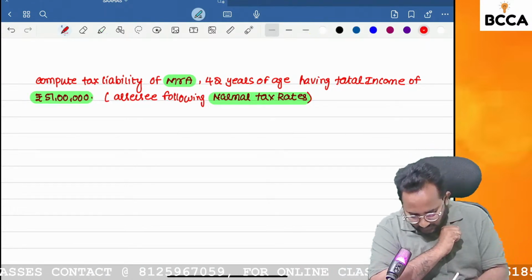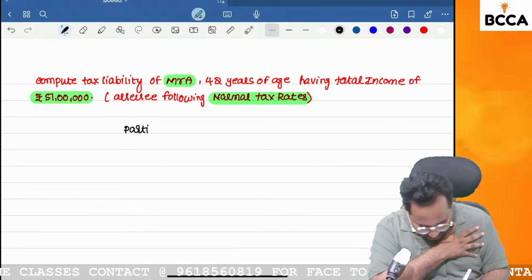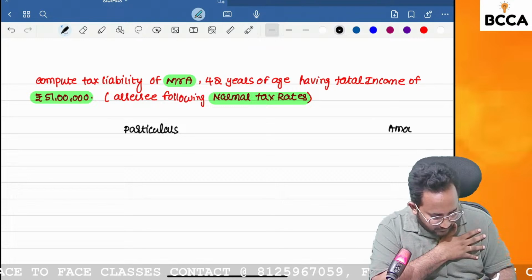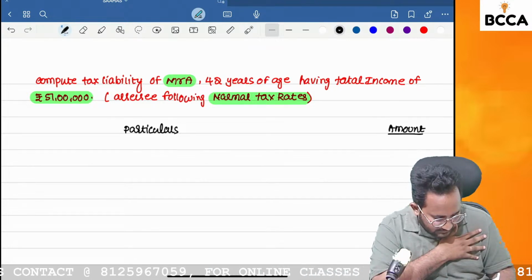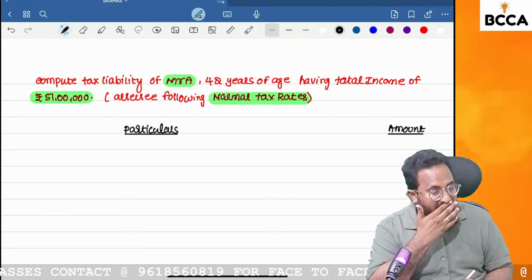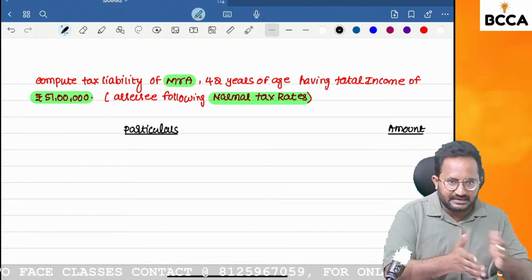So in this situation, you have to follow this format: particulars, amount. Sir, if I am given 80 lakh, no need to follow this format; directly you can calculate the tax liability.